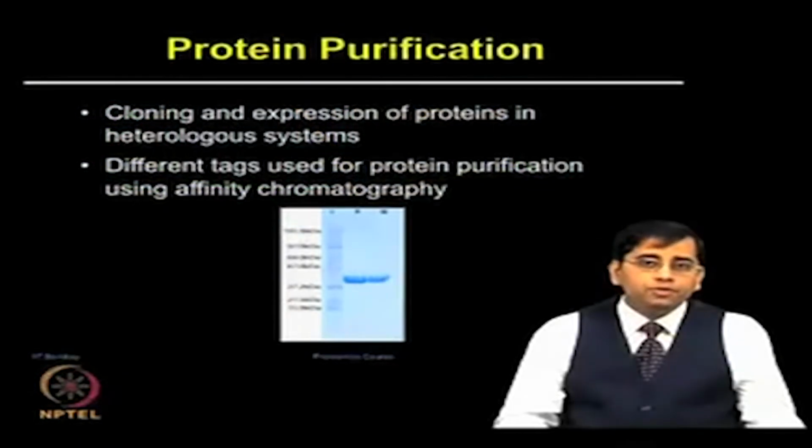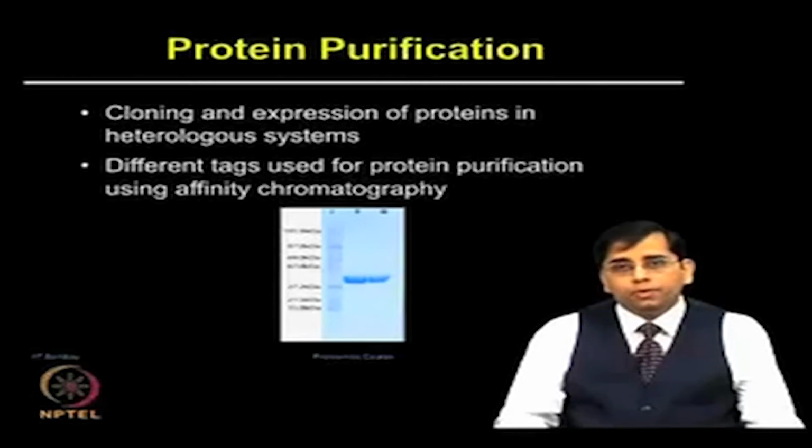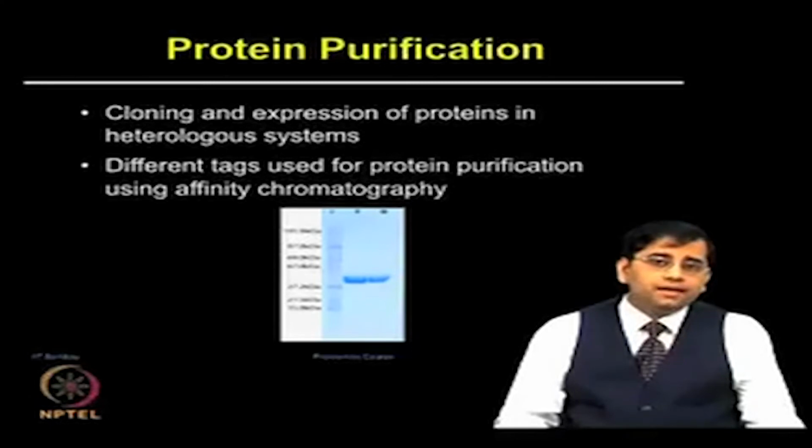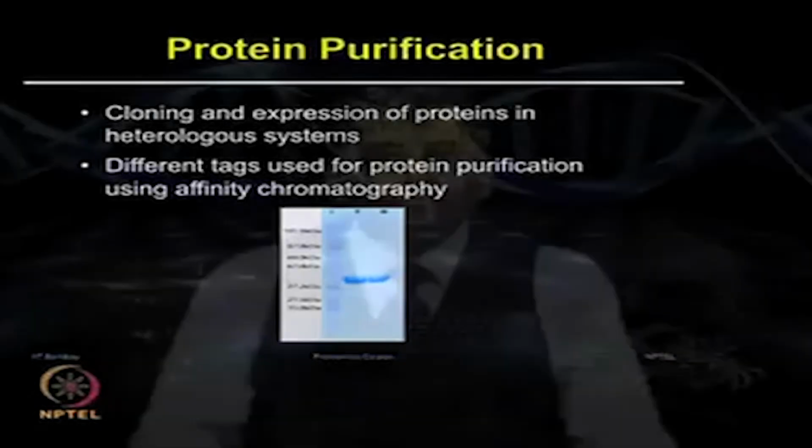Advances in molecular biology have allowed cloning and expression of proteins in heterologous systems, for example, E. coli and S. cerevisiae, and various tags such as histidine 6 tag, glutathione S-transferase (GST) and maltose binding protein (MBP). These tags have been used for affinity chromatography based protein purification.